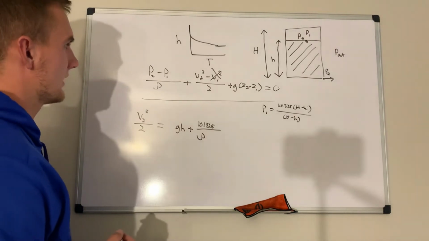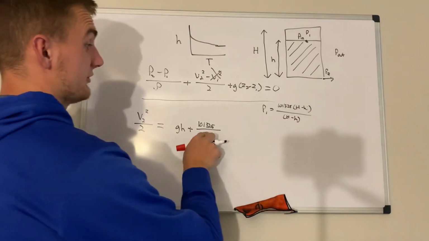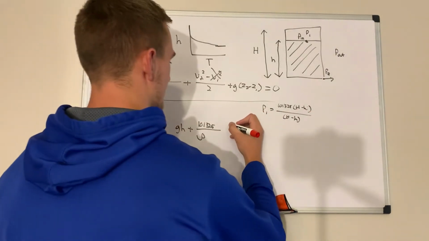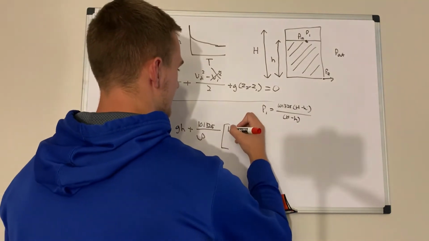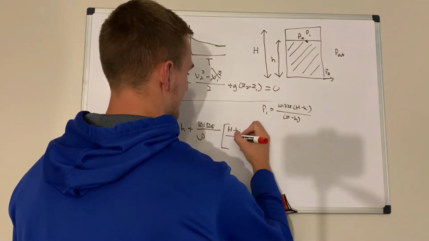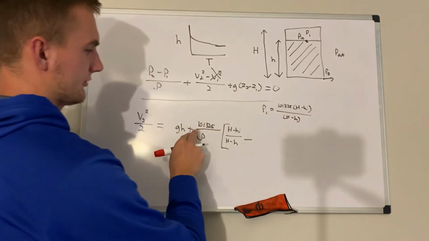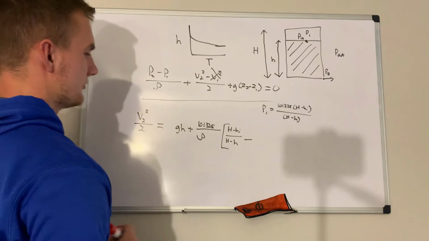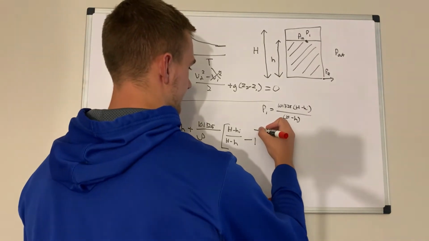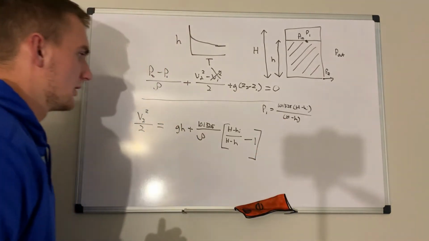And this will be multiplied, since we took out 101325, by big H minus HI over big H minus h, and then multiplying 101325 for our P2, we'll just have 1 here. Okay.